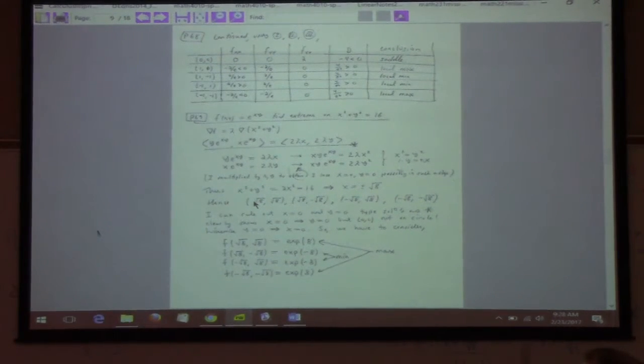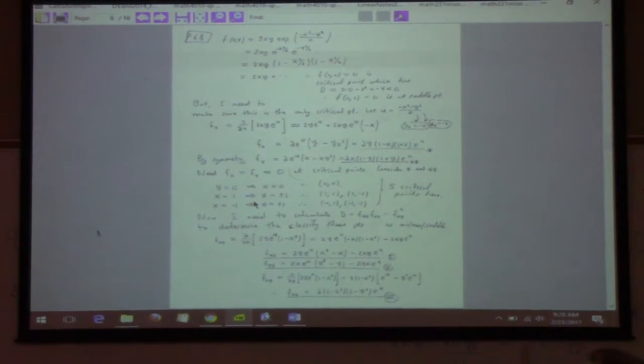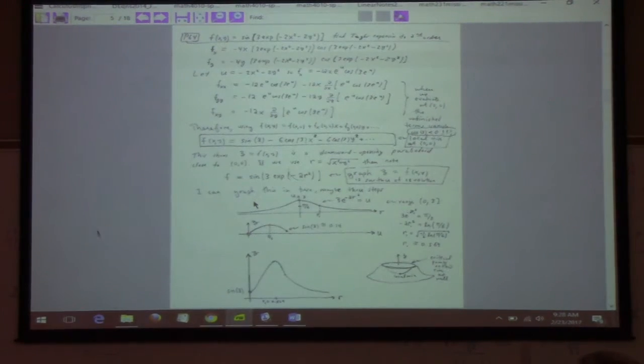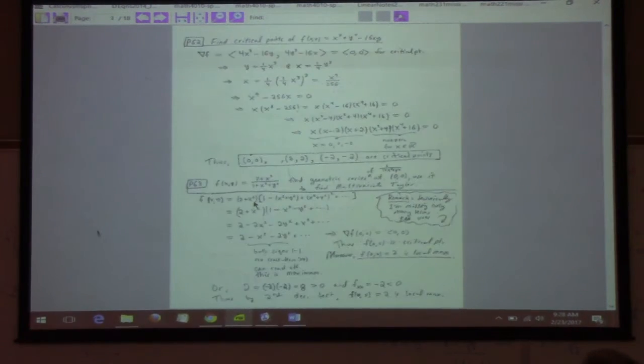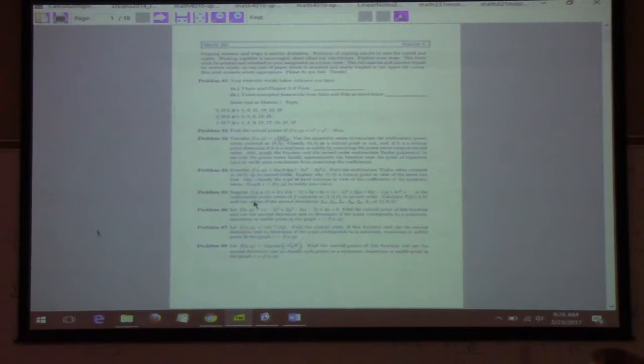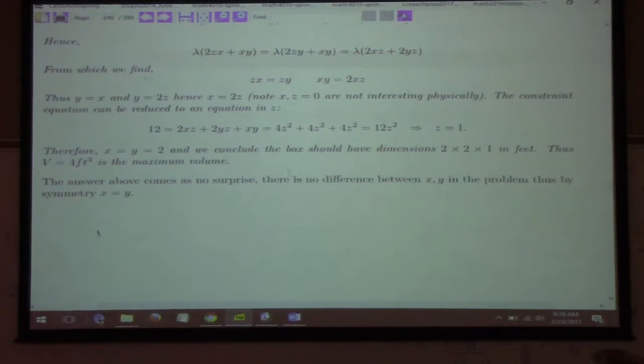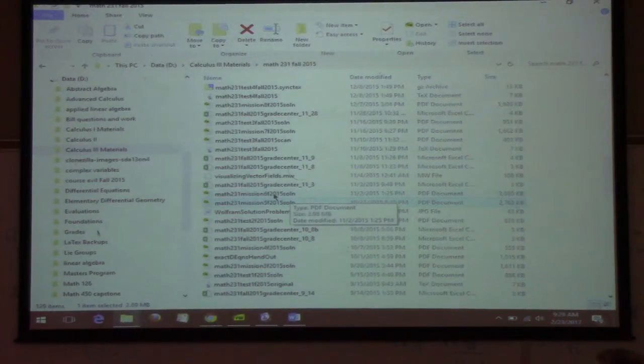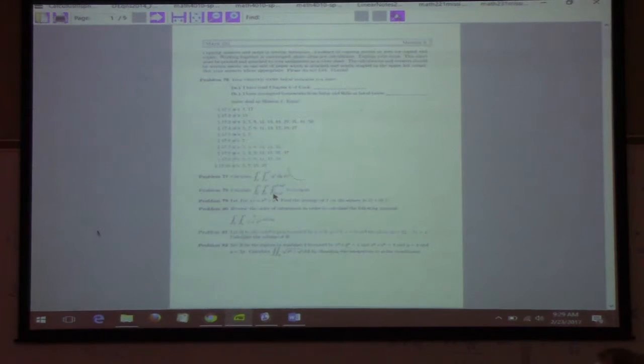Let's see here. Dang it. Where'd that stupid thing go to? Oh, it wasn't even in this one. Curses. Where'd that thing go to?